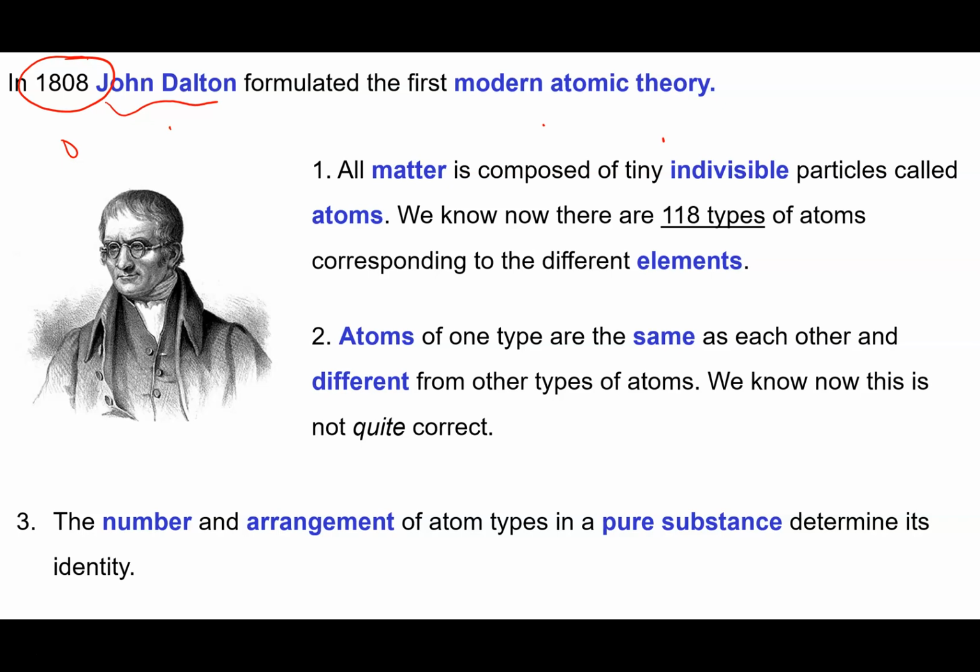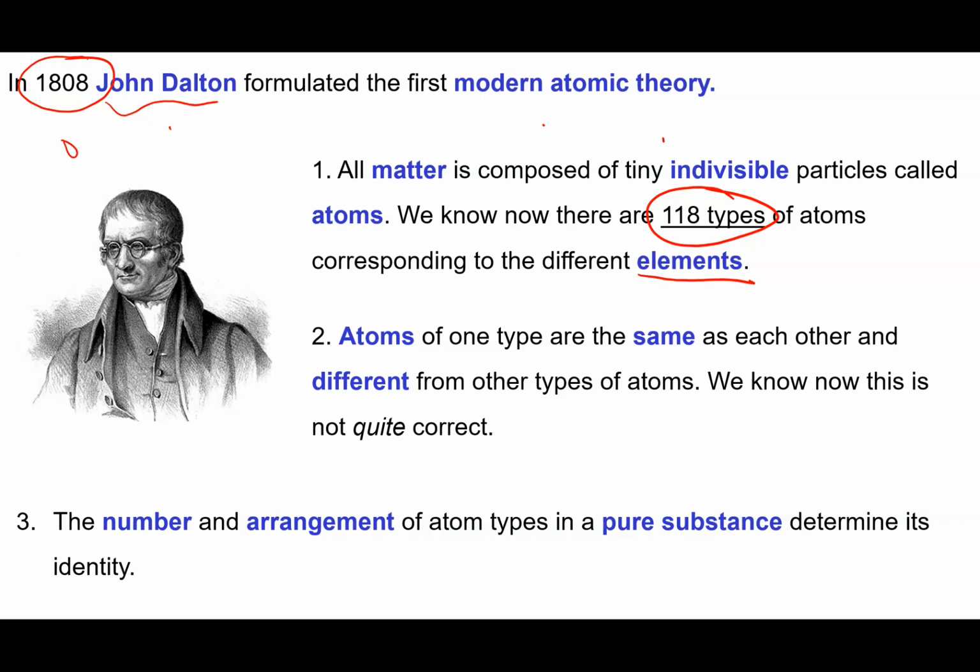So he's just restating what Democritus said. What we now know is that there are 118 different types of atoms. These correspond to what we call the elements. These 118 different types of atoms are assembled in different types of connectivity and in different ratios to create all of the different varieties of matter that we see in our universe.